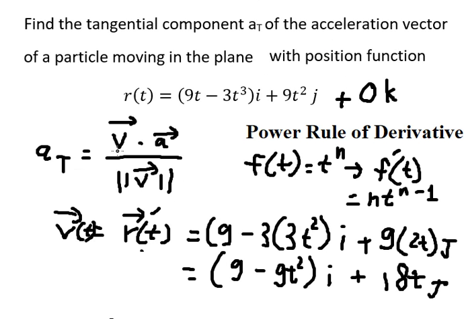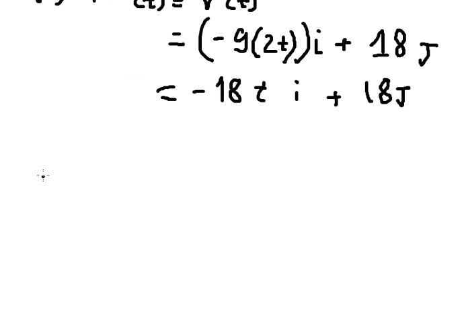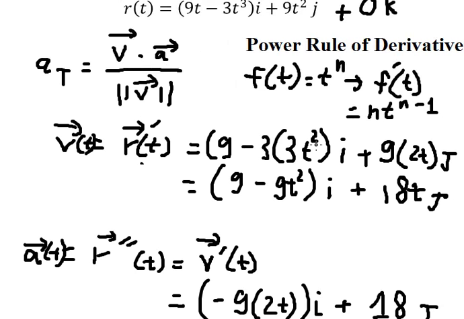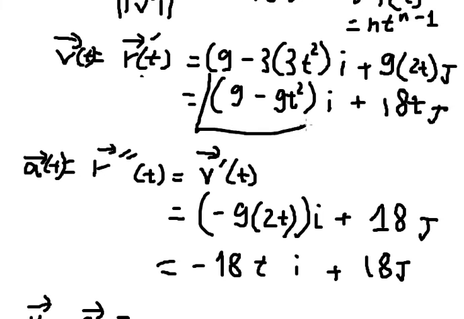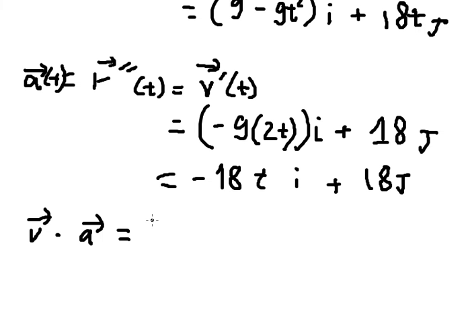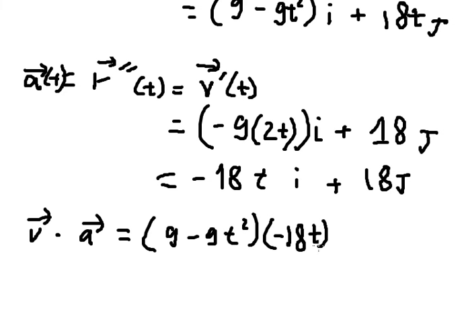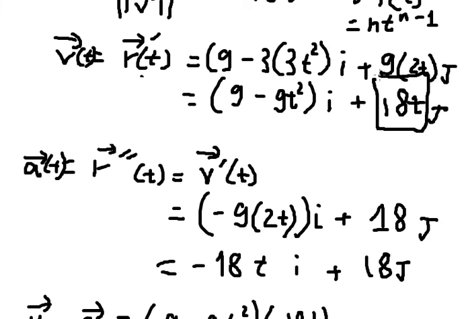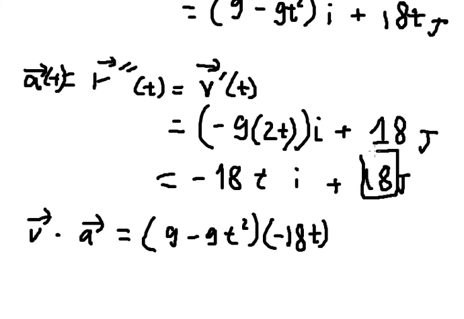Now we need to find the dot product between v and a. So we have this one multiplied by this one, and this one multiplied by this one.